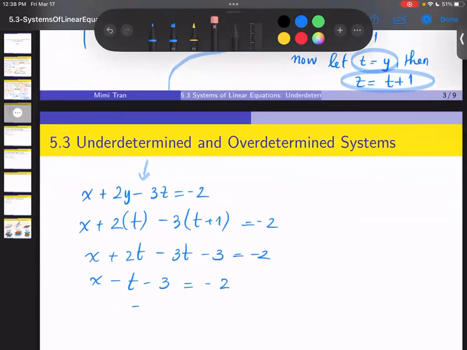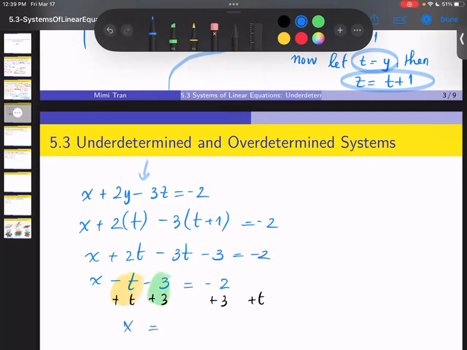Move everything to the right except for x. So plus t, plus 3. On the right-hand side, that cancels. That cancels, right?